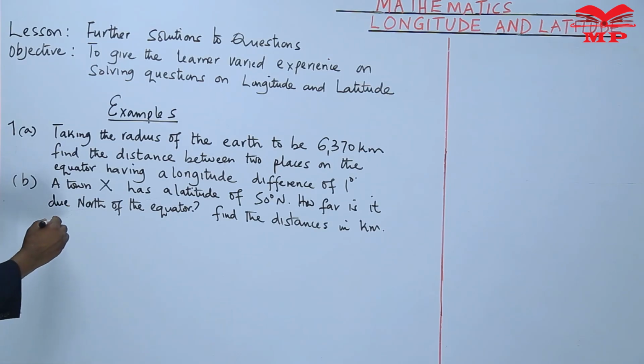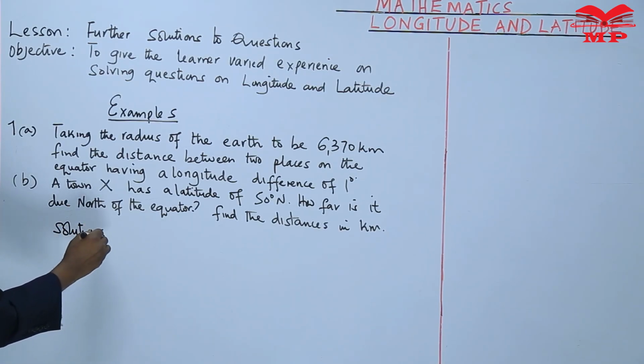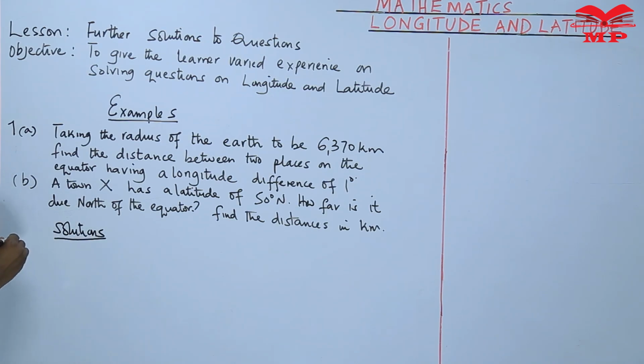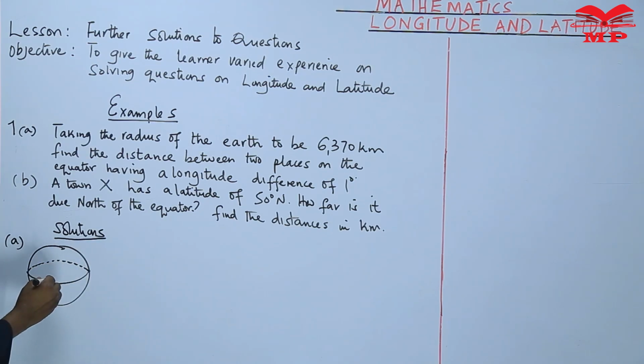So when you come to the solutions, it's good to have some sketch, taking that as the equator. You can denote the towns to be A and B. That is the center of the Earth.